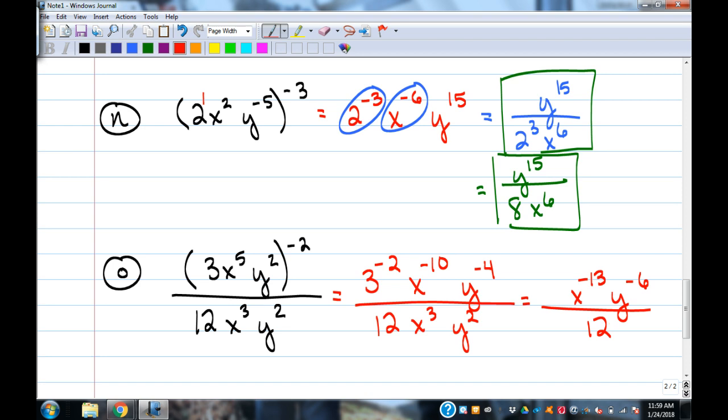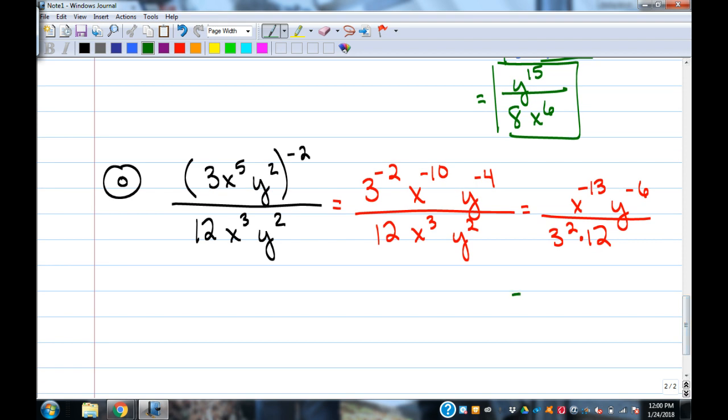What can we do with this 3? Not yet. Yeah, we need to change it to a positive exponent, and then we'll make it standard. So if we move that to a positive exponent, where does it go? On the bottom. So it's 3 squared in the bottom. And it's just going to be multiplied times that 12 once we work it out in the standard form. Okay. So from there, is there anything that needs to move?